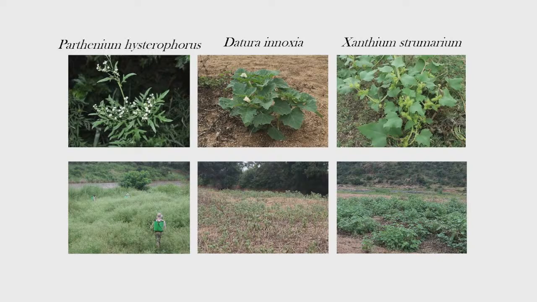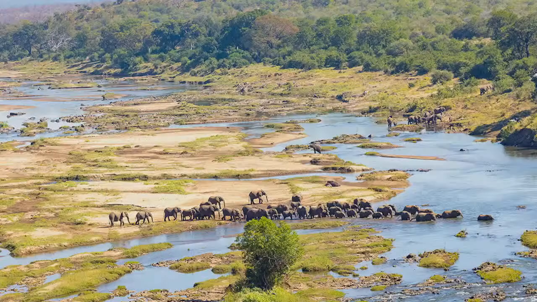Therefore it's not clear, or is becoming a bit more clear now, whether they have important negative environmental impacts in Kruger National Park, and it's also not clear whether they should be prioritized for management or not. This is why we established this project, to try to answer these questions.